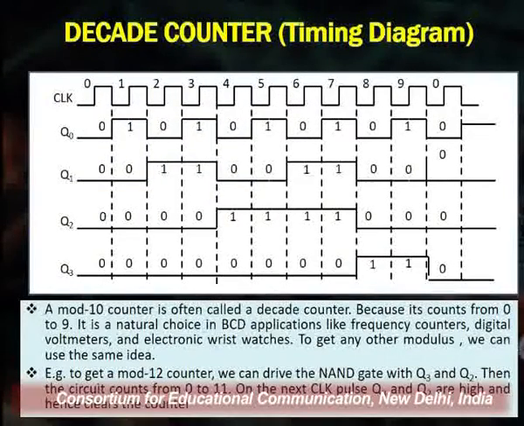So herein is shown the decade counter timing diagram as we have discussed. This we see is the negative edge triggered counter, and whenever we have a falling edge from the clock, the output of the next flip-flop changes.